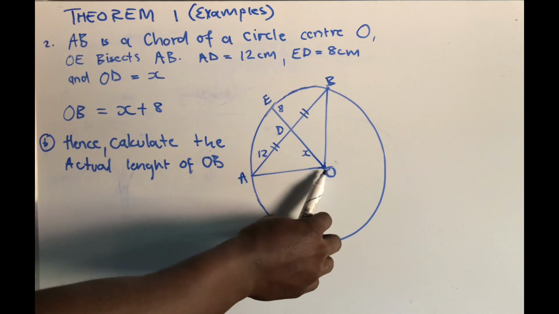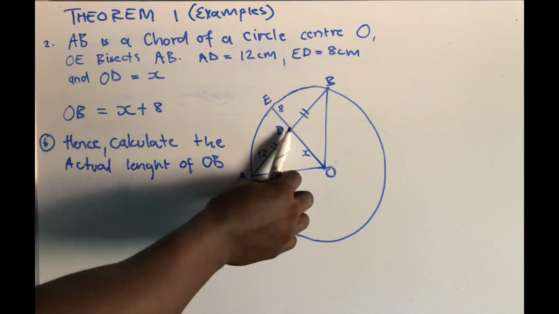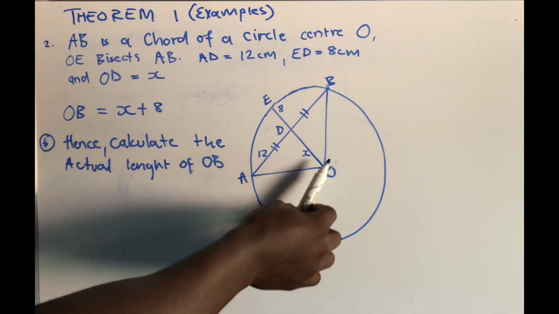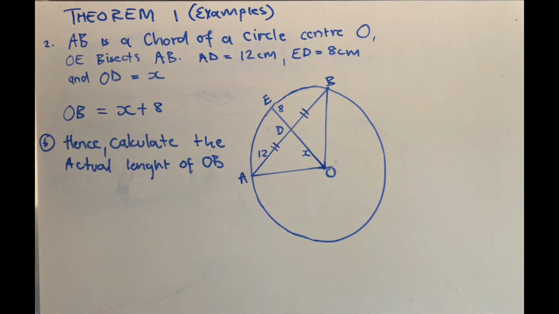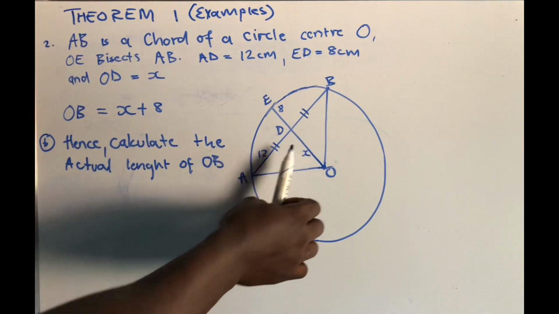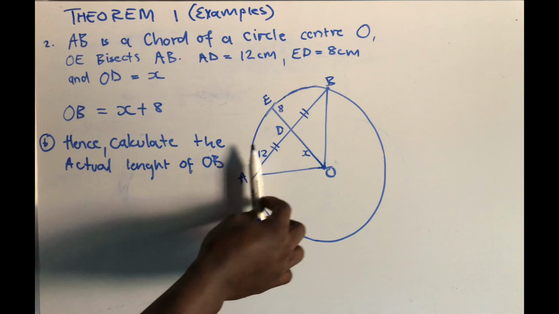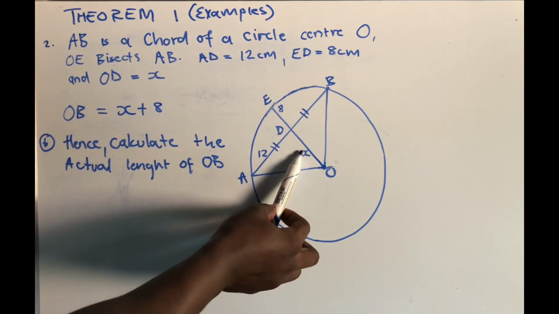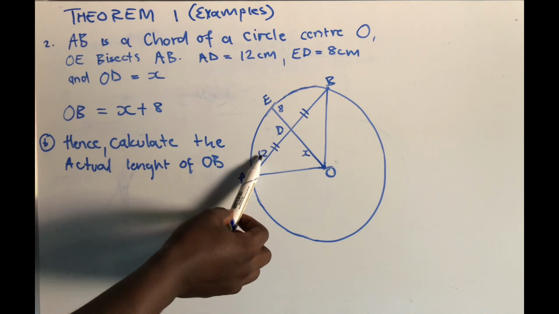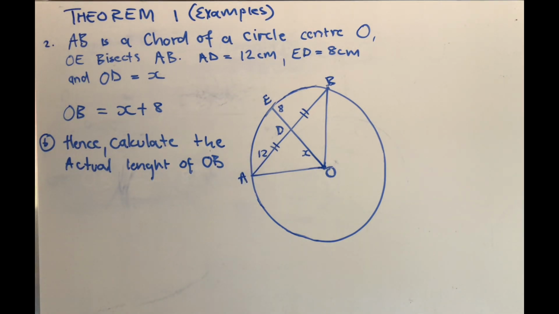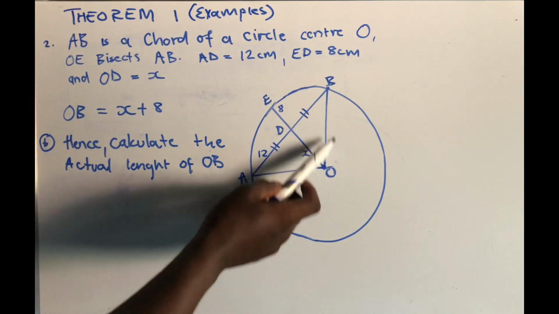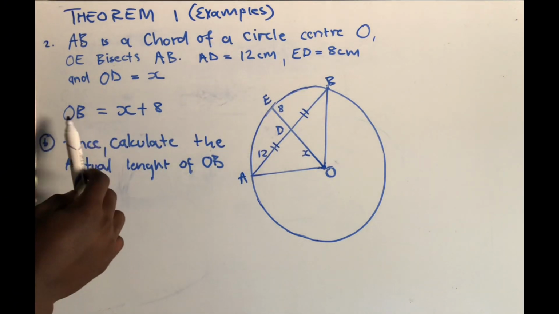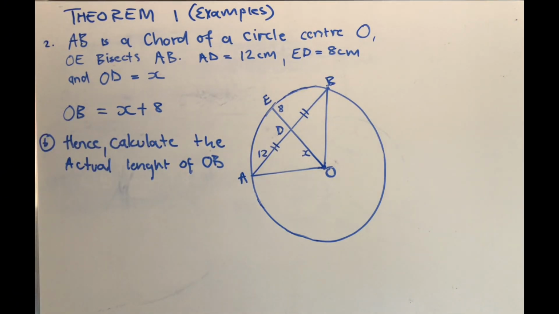X falls in this triangle, ODA. But we have more information on this triangle than on that other triangle. So we have this side as X, we have this side as 12. But remember, OP is a radius, right? We found OP to be X plus 8.